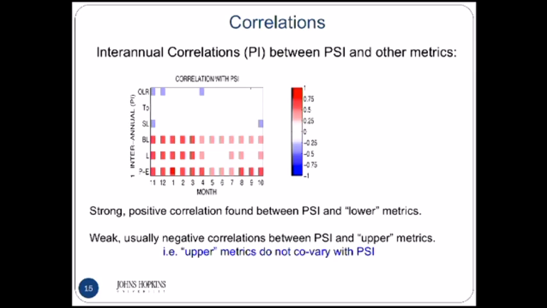And there's a similar correlation for the other lower atmosphere metrics. So we would argue that all these metrics in the psi 500 have the same interannual variability. And so the process that's causing one of them to vary interannually is probably causing the other metrics to vary.